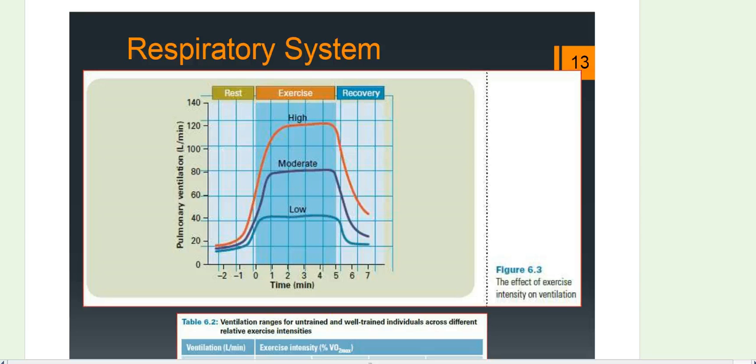This graph is looking at the difference between ventilation over different intensities. So here we can see that during low, we've had our initial rise, we've been able to meet it, so we plateau off. Recovery.